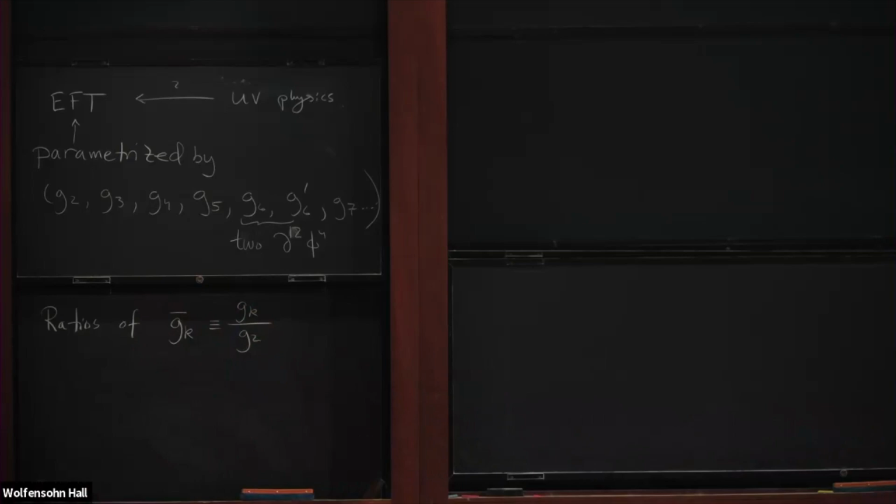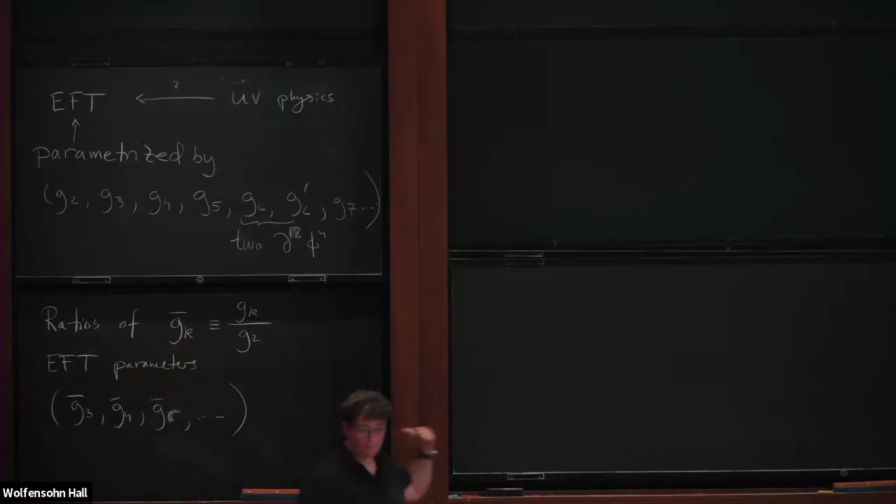In fact, it is not allowed to, but that's not obvious at this point. Okay, so now my EFT has parameters, which is G3 bar, G4 bar, G5 bar, etc., etc. And it is these barred parameters that I want to try to place some bounds on.